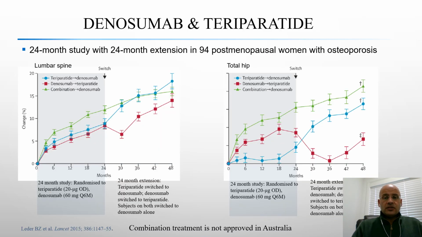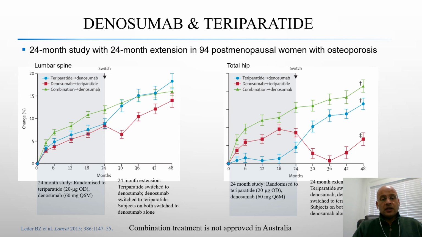Moving to the last study here, which I think is the most intriguing result, and shows if you were to start with denosumab in the red line and you switch over at this point to teriparatide, what happens is you lose the benefit initially at the lumbar and you lose it a lot on the hip and the femoral neck. So that's bad news.